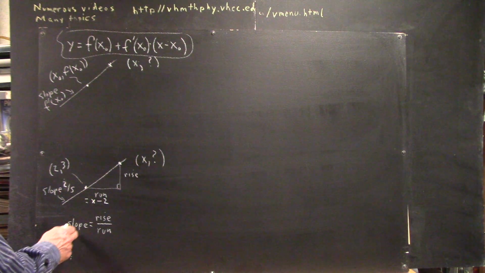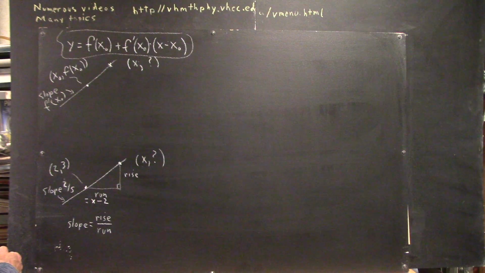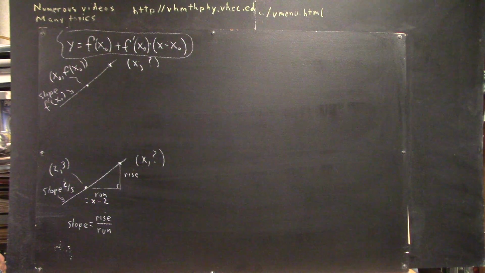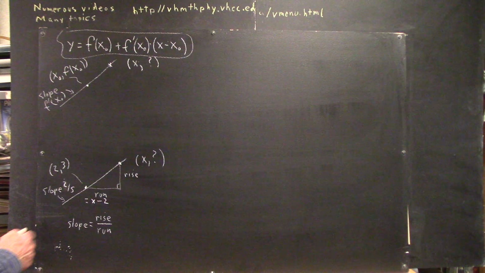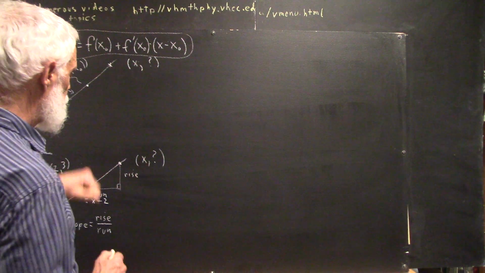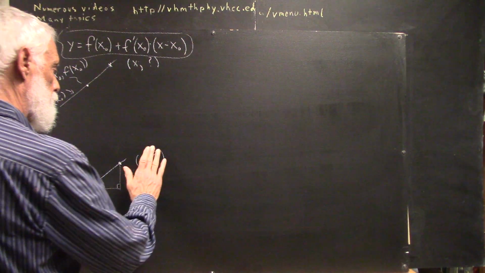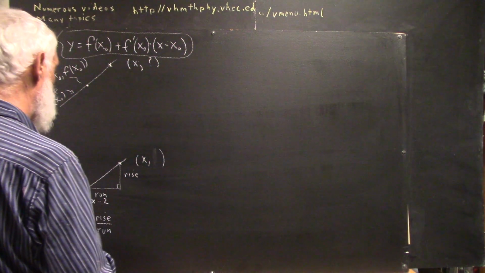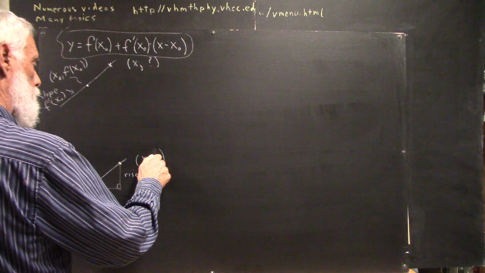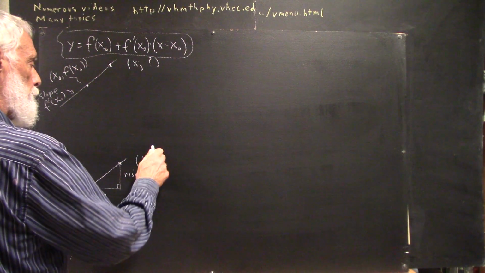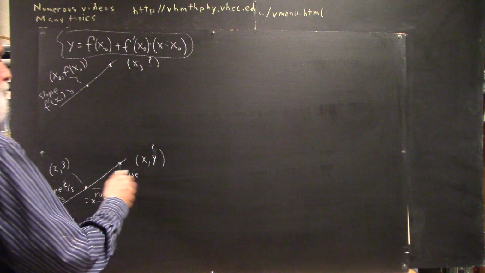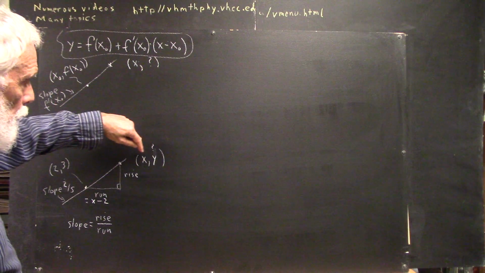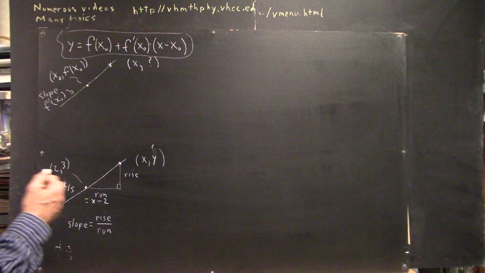We've got slope equals rise divided by run. So let's replace this question mark by y, but we'll keep a question mark over it because we're going to assume that we don't know the value of y. Still, we want to write the expression.